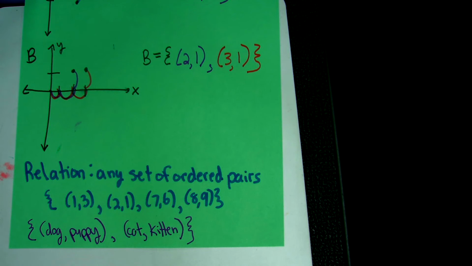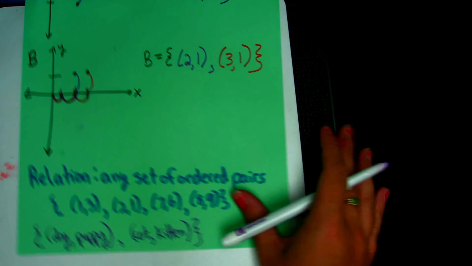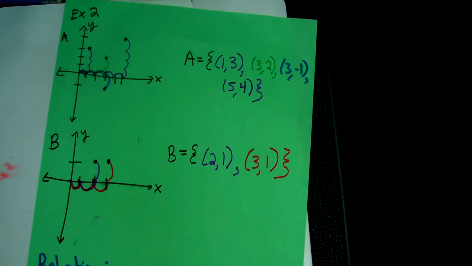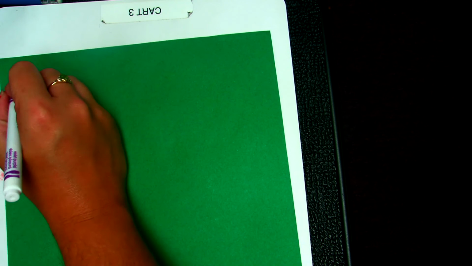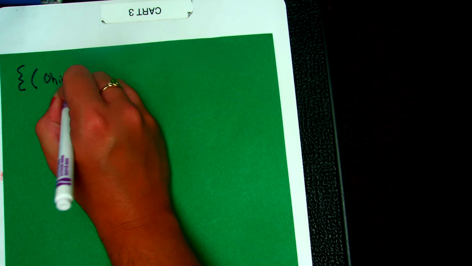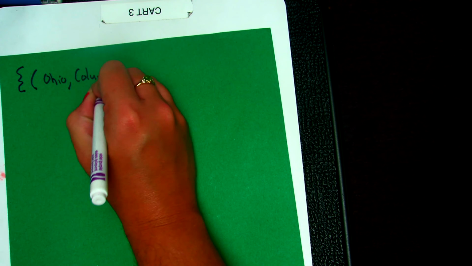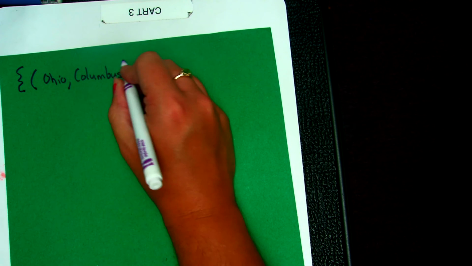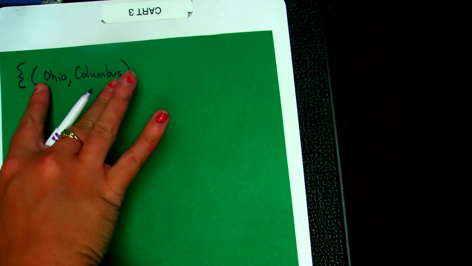Another, even more interesting example of a relation, we can also do something like this. We can do (Ohio, Columbus). That is an ordered pair if you're writing it with an x coordinate and a y coordinate.